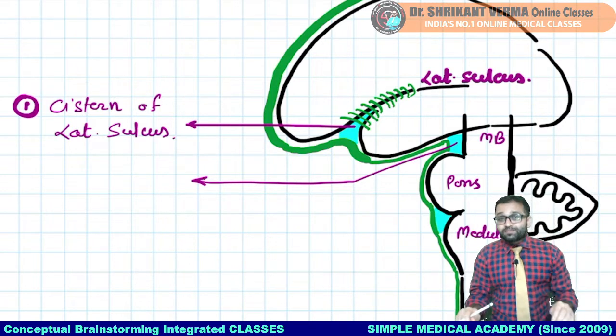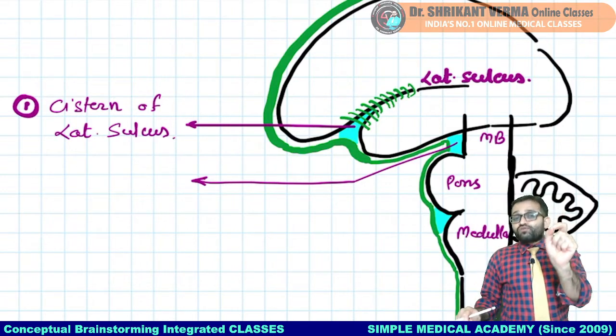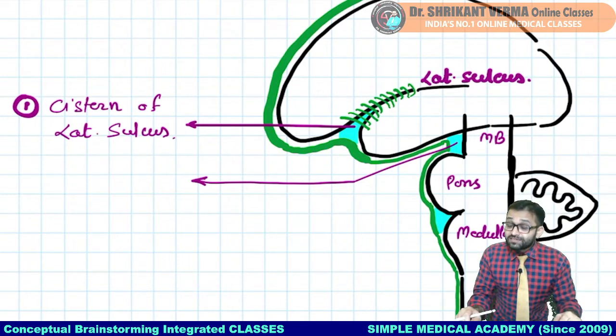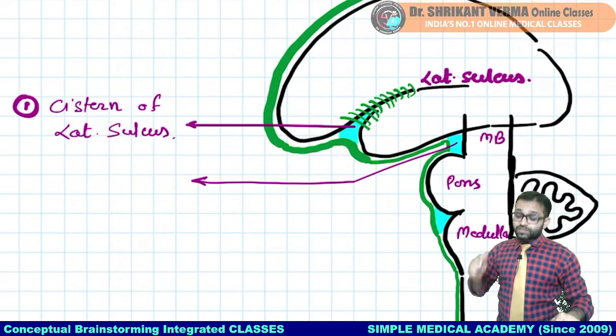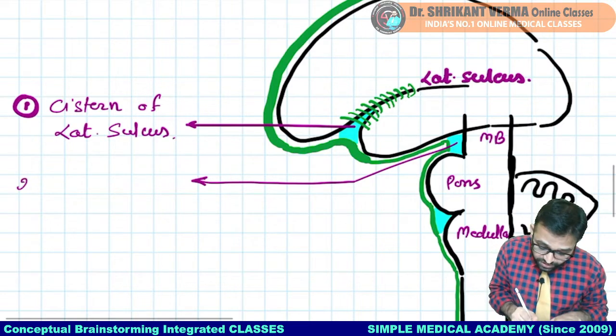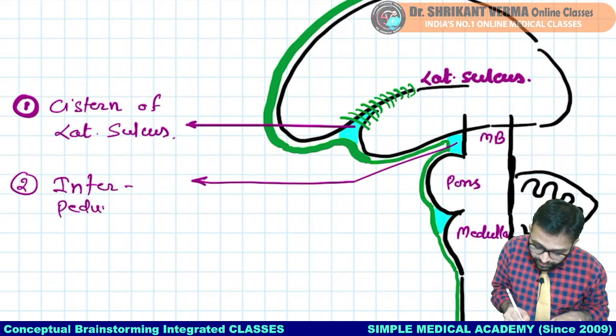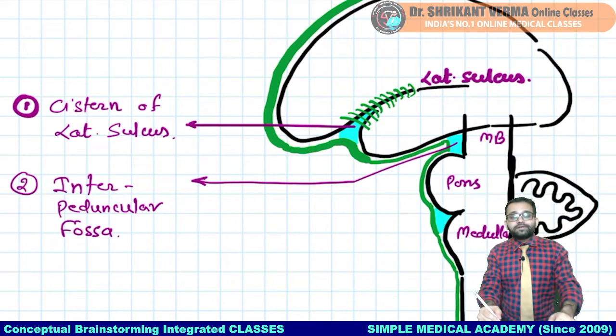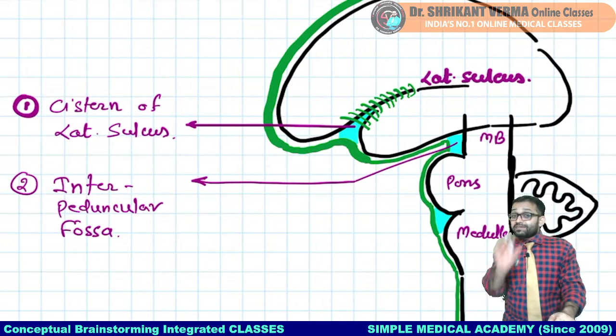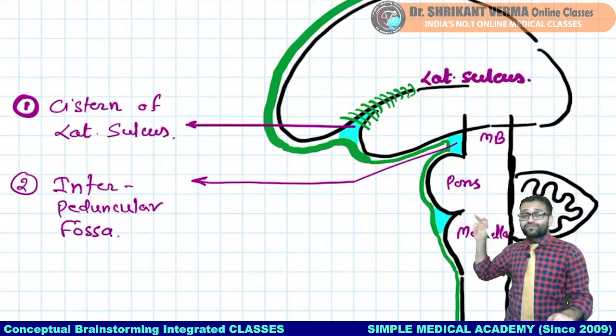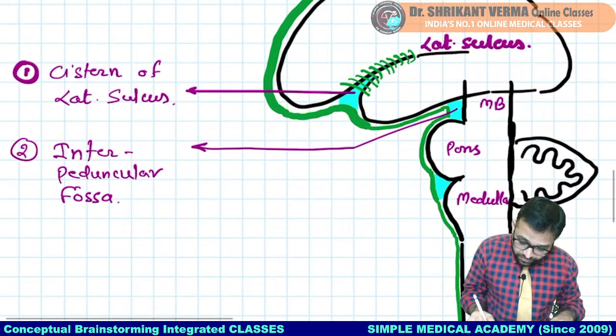Space between the two cerebral peduncles, that is our interpeduncular fossa, where there is the chance of CSF accumulation, which you can see here. So this portion is our cistern known as interpeduncular fossa cistern. Got the point?